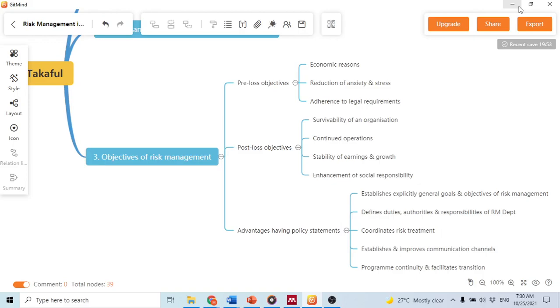So this is giving a general idea of what the objective of risk management should be.